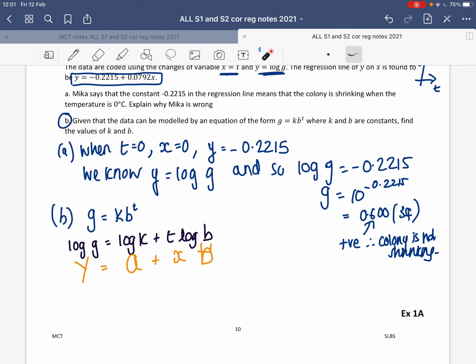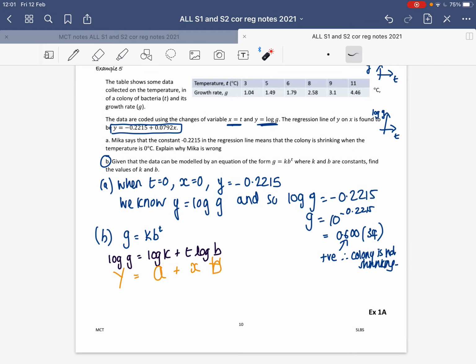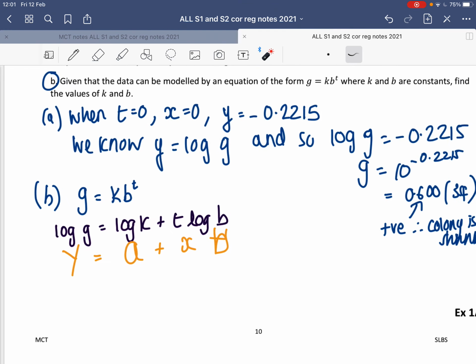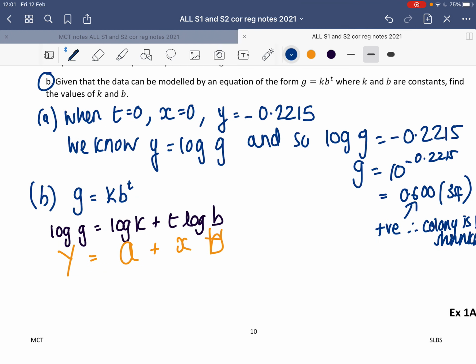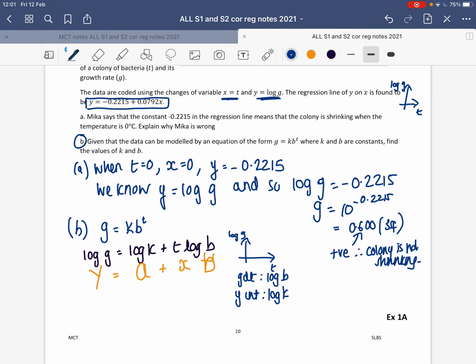So plotting T against log G, which is what we said we would be plotting there. Okay, so T against log G gives gradient log B and gives y-intercept log K.